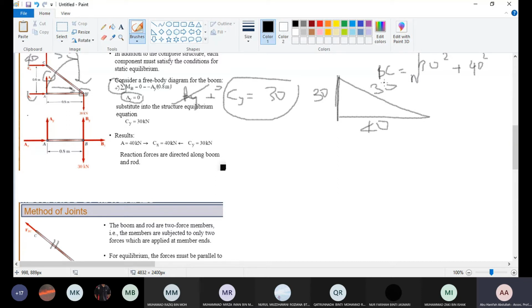Sir, sorry sir. Why is it that for moment, if it is counterclockwise, it is positive? That is our decision. You can go the other way, but you have to be consistent. If you want to go clockwise positive, you have to use the force summation also, all to the left is positive. Then you get the same answer.